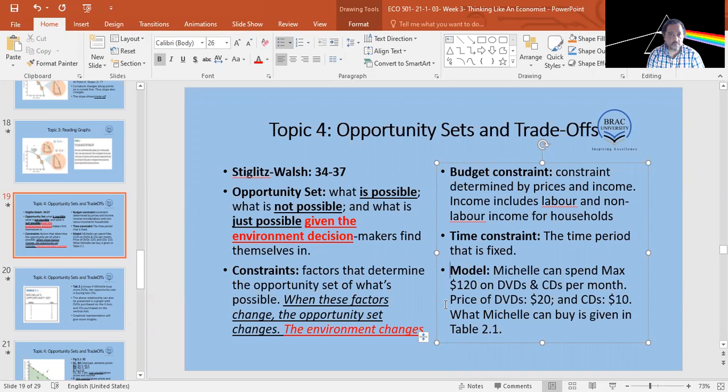These are the two extreme points. Other than that, she can buy different combinations of DVDs and CDs. But the foundation of economics is such that if she sacrifices one DVD, she gets some more CDs, or vice versa. There is a trade-off, there is an opportunity cost.